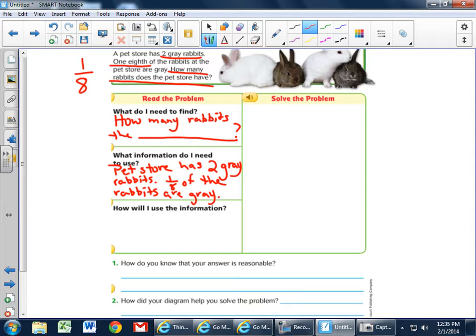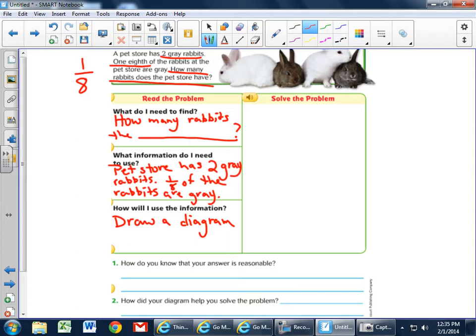The next part of your graphic organizer asks you, how will I use the information? And if you remember from the page before, you're going to draw a diagram. Okay, so I have 1/8 as my fraction. So my denominator is 8.